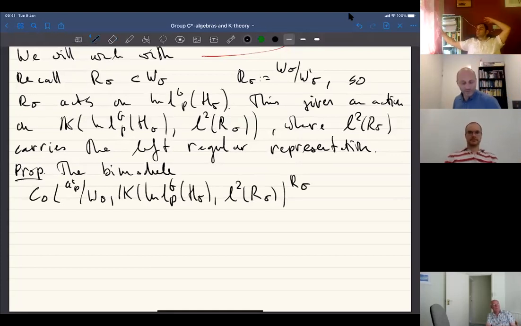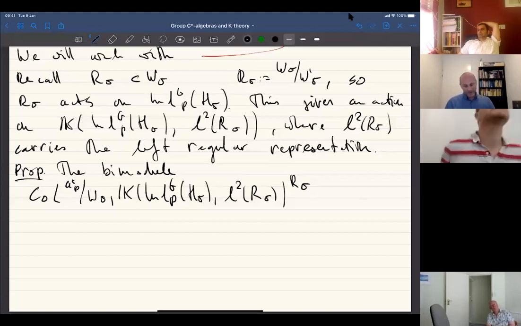Of invariance. And so we see that we have here a space of functions on some quotient vector space, but we view it just as a topological space with values in the compact operators from one Hilbert space to another. Okay, and then there are also these invariants.